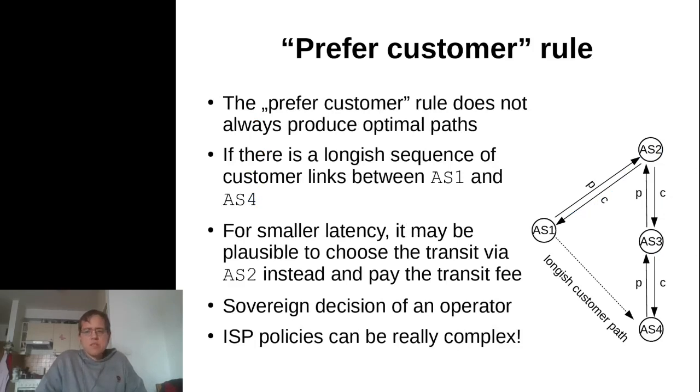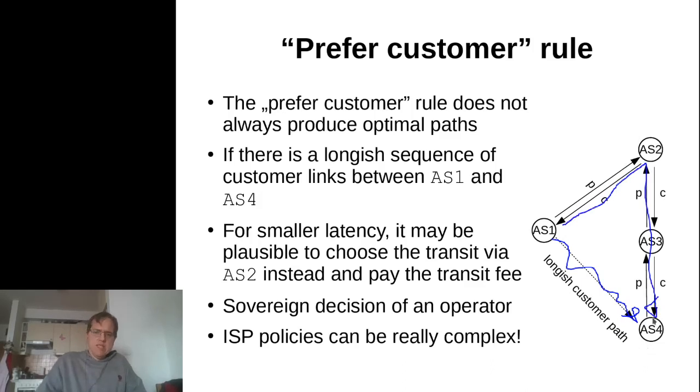Sometimes there is strong incentive to not use the prefer customer rule. In this particular simple setup, imagine that AS1 has a very long and maybe very poor quality customer path to AS4, and it also has a high quality transit path through AS2, a transit provider, to the same AS.